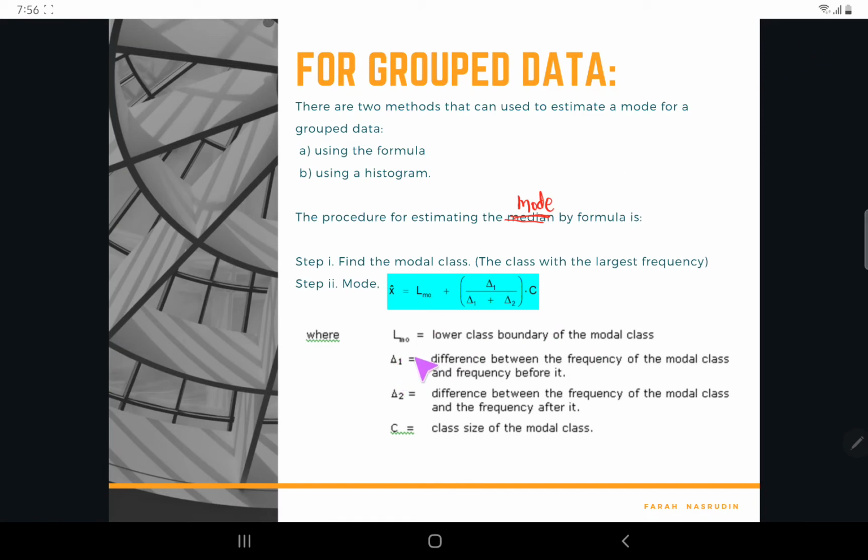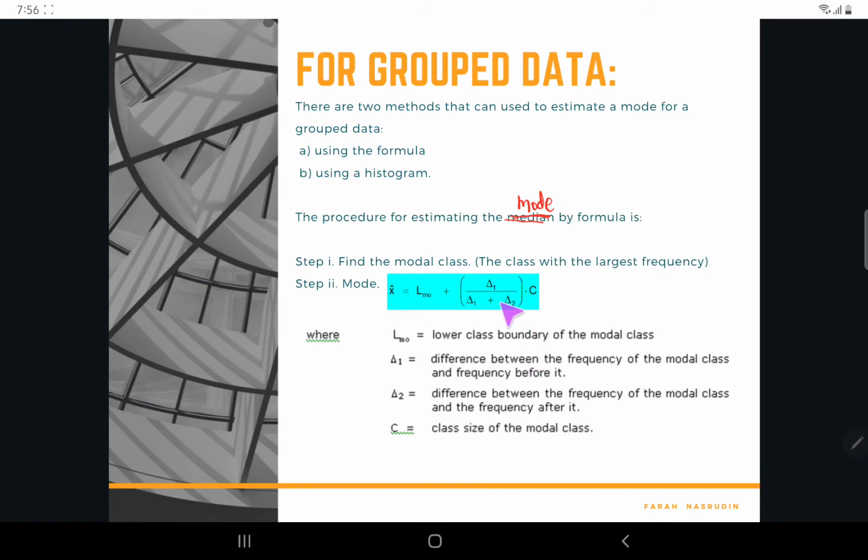And then the difference 1. Difference 1 means the difference between the frequency of the mode class and the frequency before it, meaning the frequency of the mode class minus the frequency before the mode class.